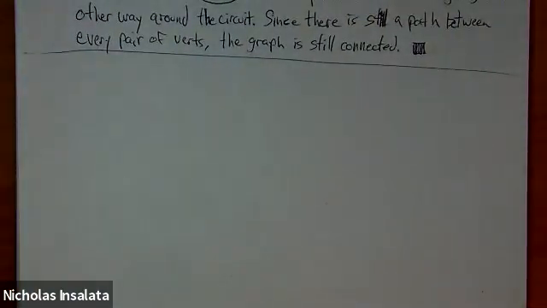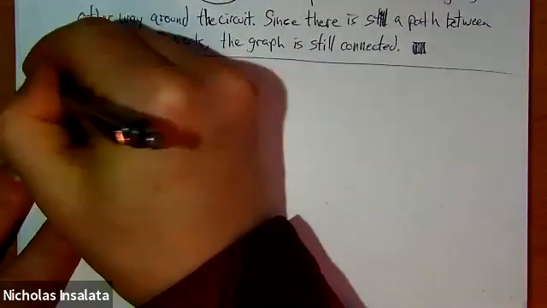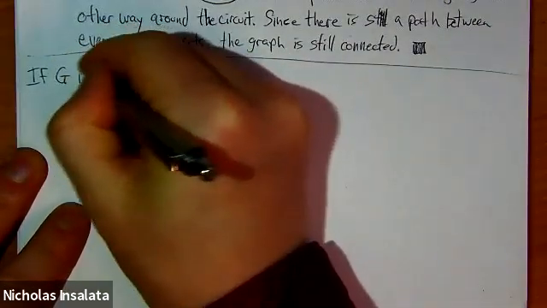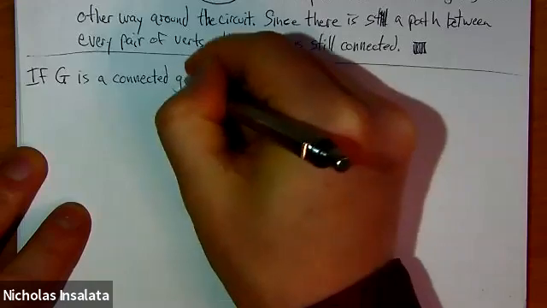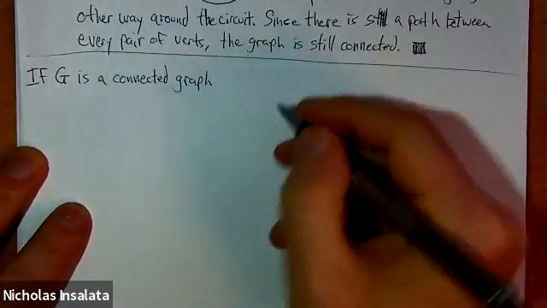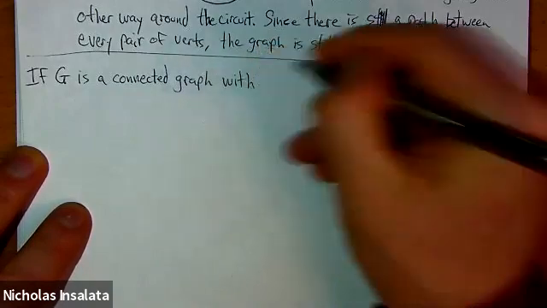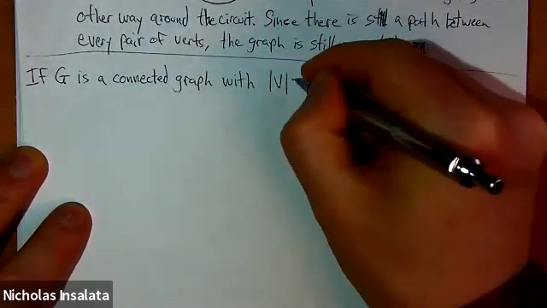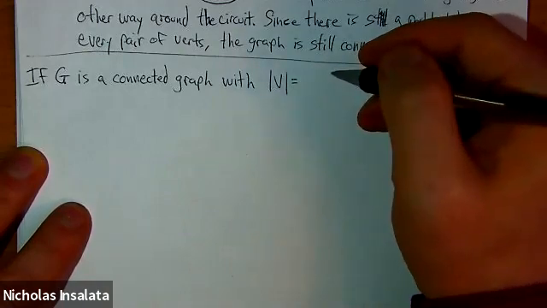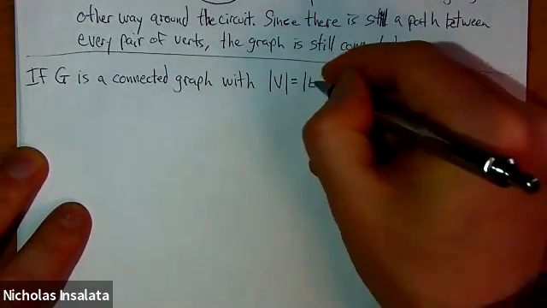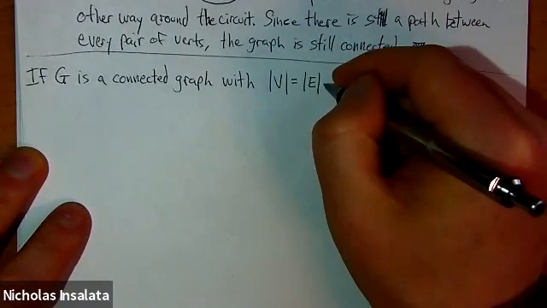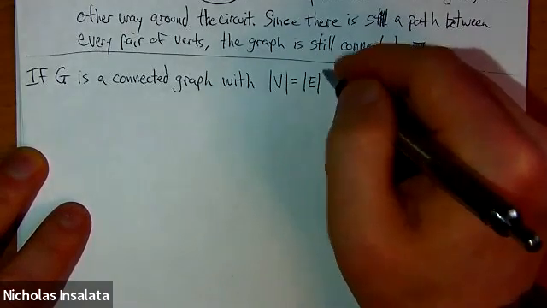So our last one: if G is a connected graph with the vertex set size equal to edge set size minus 1. Oh, I guess I should say edge set plus 1.